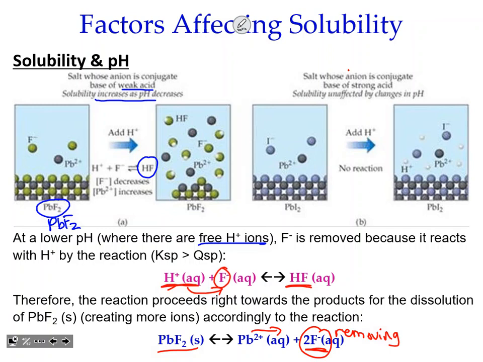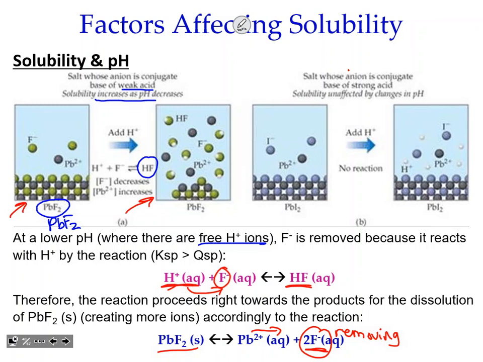So more would dissolve. That's why you see in this diagram more of the little crystalline lattice structure dissolving, because those fluorides are being taken away and bound up by the hydrogens, creating hydrofluoric acid.